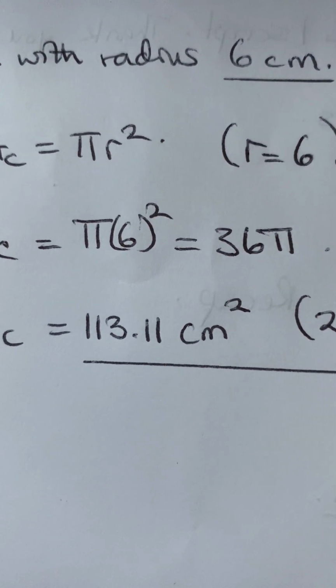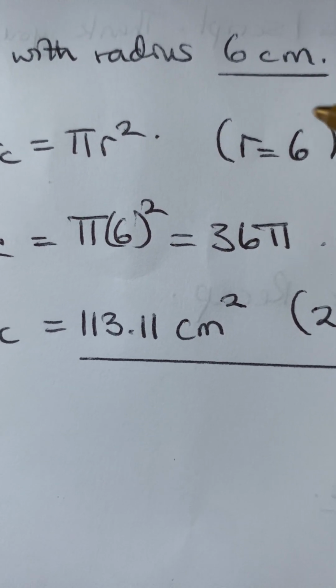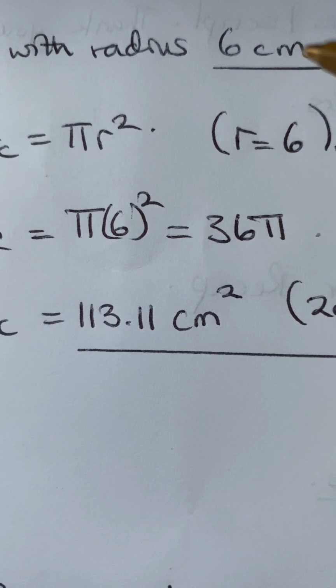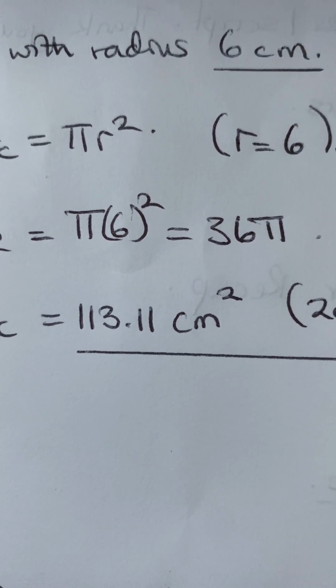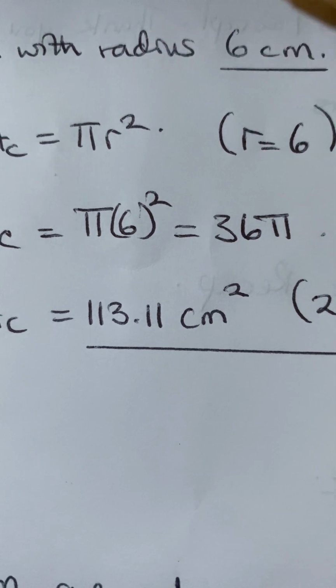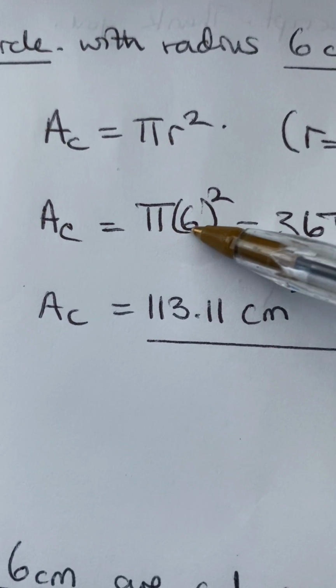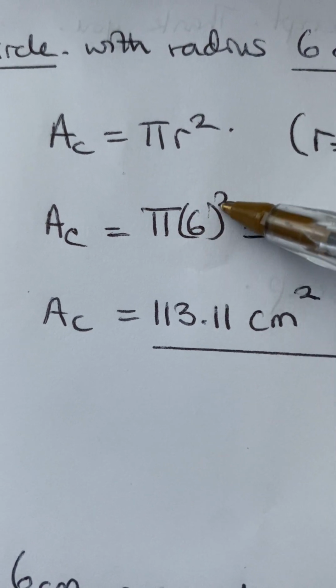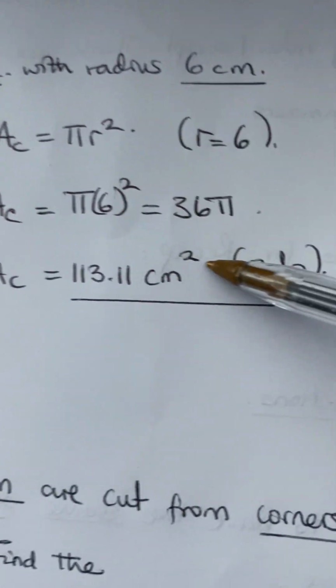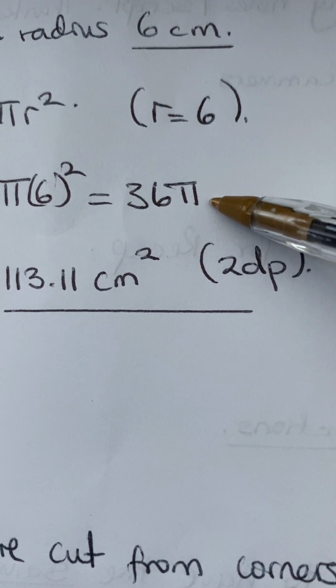I've shown you how to use the calculator and find pi on the calculator. So pi times 6 all squared is 36 pi.